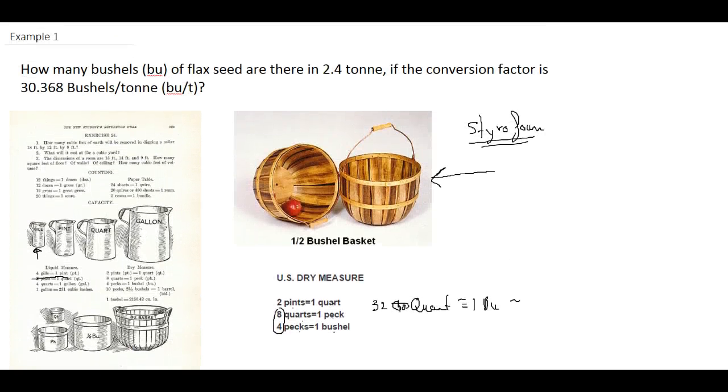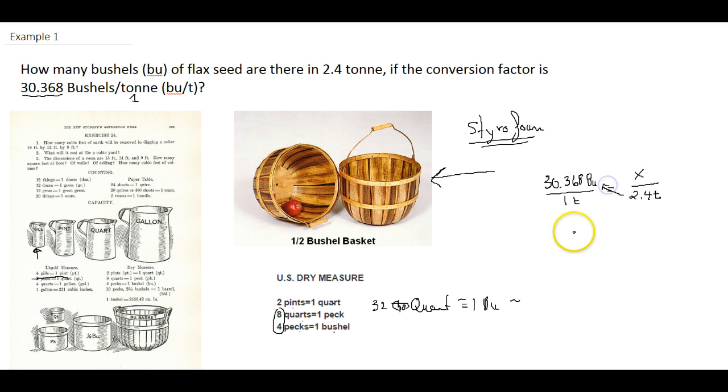Let's go back up here to the question. So we're told that 1 ton of flaxseed requires 30.368 bushels, and that's the abbreviation bu, bushels, or it should be a small b, sorry, for 1 metric ton. And if I have 2.4 tons, how many bushels is that going to be?